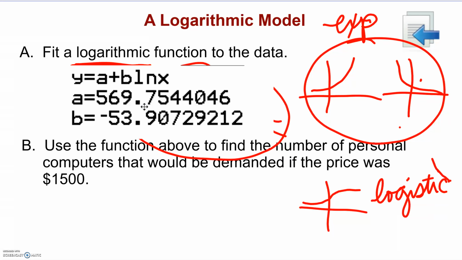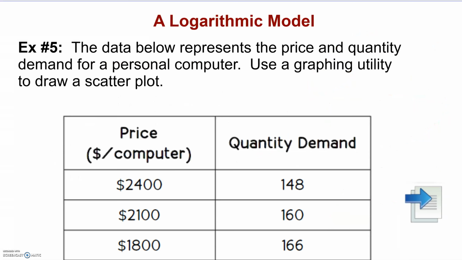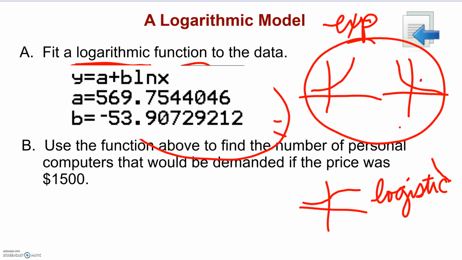Okay, and then it says use the function above to find the number of personal computers that would be demanded if the price was $1,500. Now, remember back over here, the price was the X value, so that makes it pretty easy. All we have to do now is put in 1,500 for the X value.